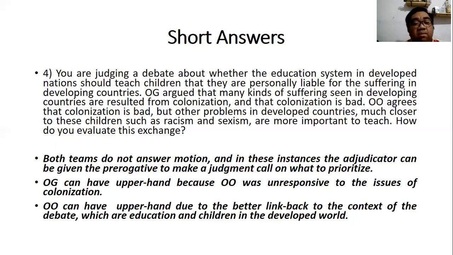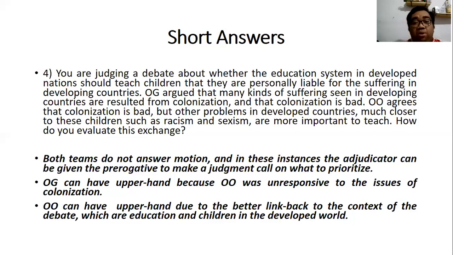Now, conversely, you can also credit opening opposition and give them the upper hand in comparison to the opening government because of the better link back of their arguments to the context of the debate, which is talking about education and also about the interest of children in the developed world, with the fact that racism and sexism are much closer to them, therefore there is a necessity.